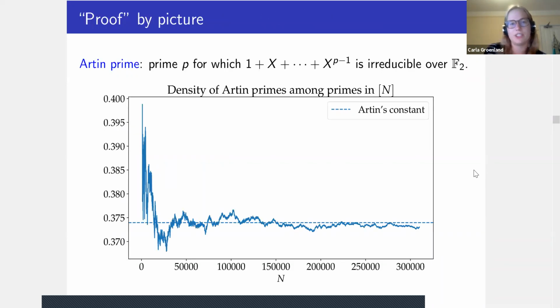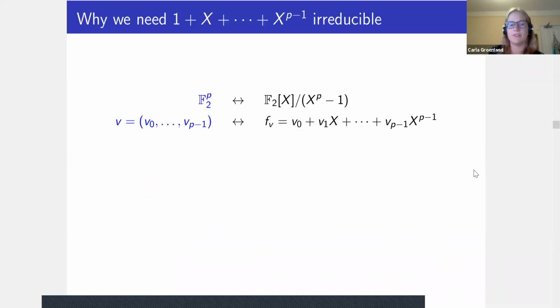And I'll first tell you a little bit about why we need this polynomial to be irreducible. And then for the rest of the talk, we can actually forget about it because we only need it for a first case. So when we have a vector in F2 to the p, we can associate a polynomial to it by taking the entries of this vector as the coefficients for the polynomial.